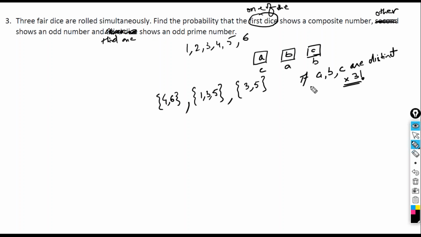So you cannot multiply it by 3 factorial straightaway. Because when you get a case like 4, 3 and 3, the given condition is taken care of. But the total number of ways in which this can be arranged are only 3 and not 3 factorial.